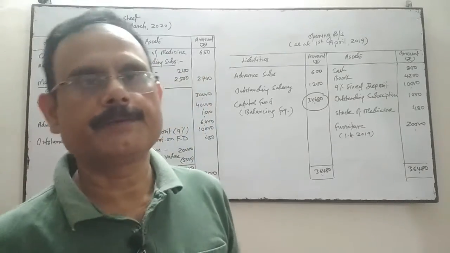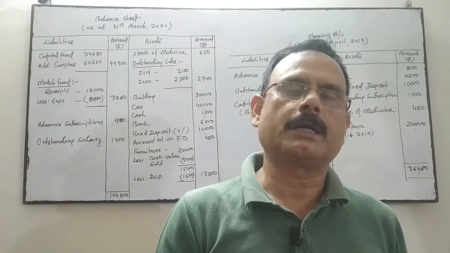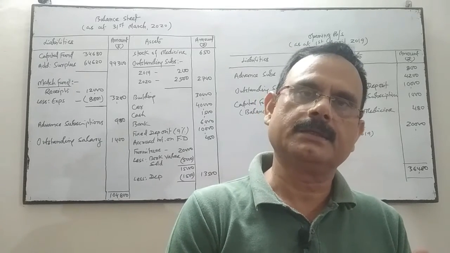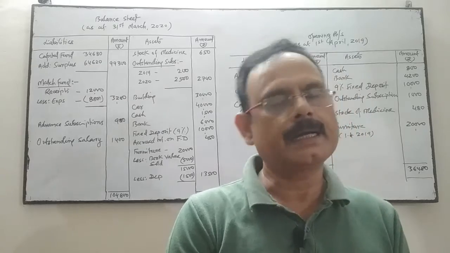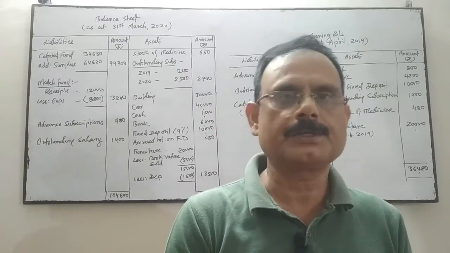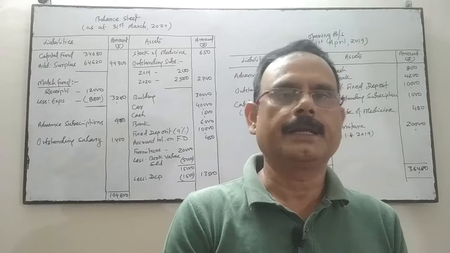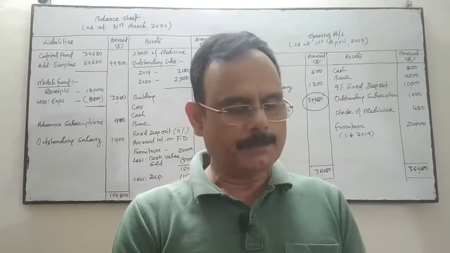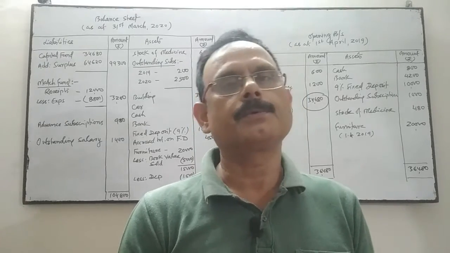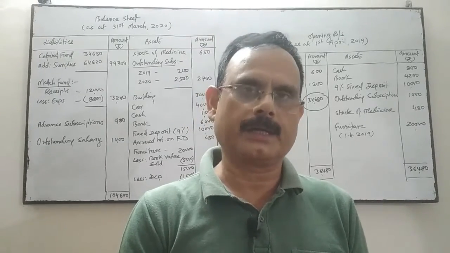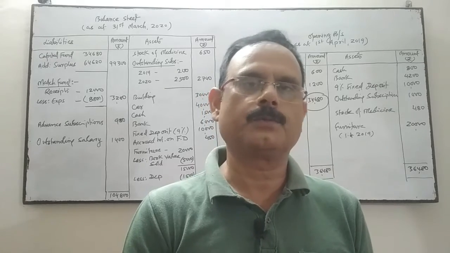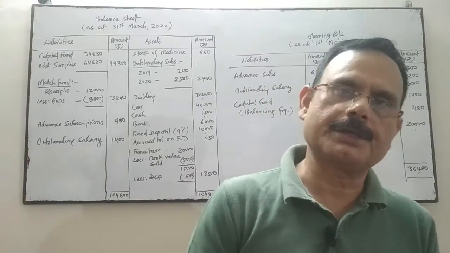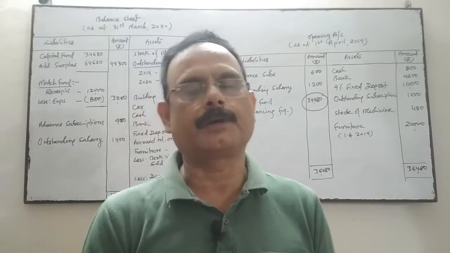Okay, today I have discussed one more comprehensive question based on the information given in the question, the receipt and payment account and additional information, and on the basis of that you have to prepare the income and expenditure account and balance sheet. While preparing the income and expenditure account, we have to do certain workings: working of subscription, working of salary, working of depreciation, working of profit or loss on sale of furniture.